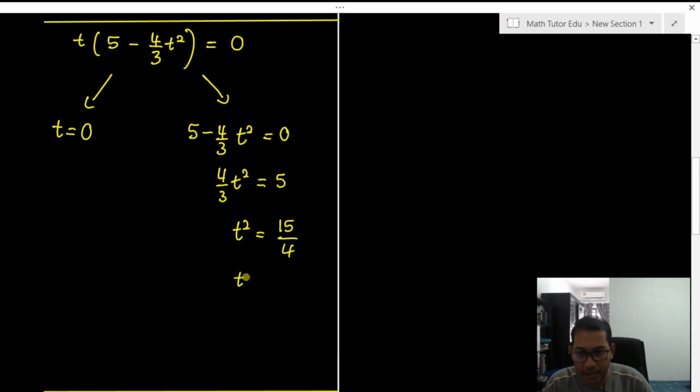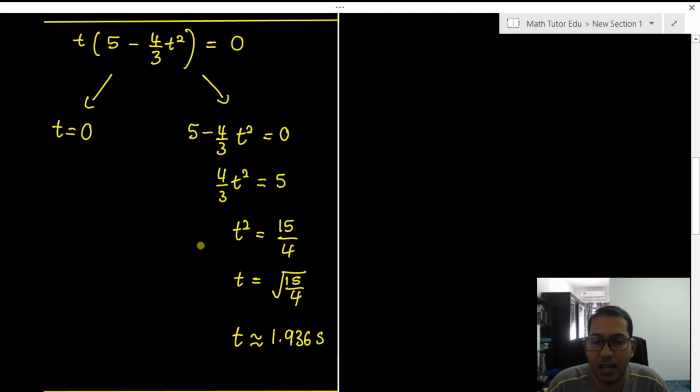To get t, you square root 15 over 4, so you get t approximately 1.936 seconds. So here you have two possible answers: either t equals 0 or t is approximately 1.936 seconds.